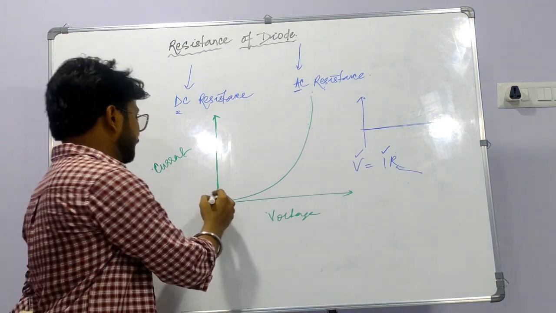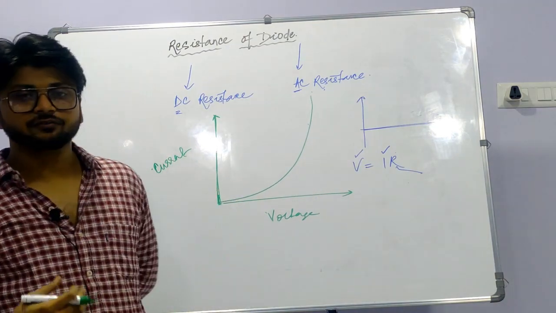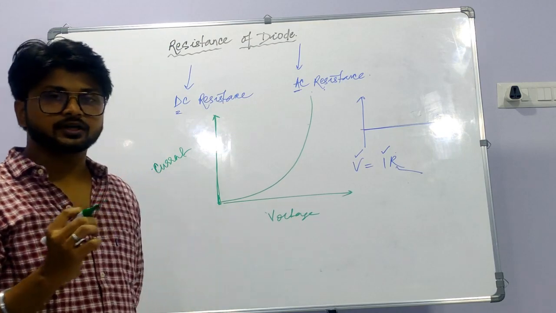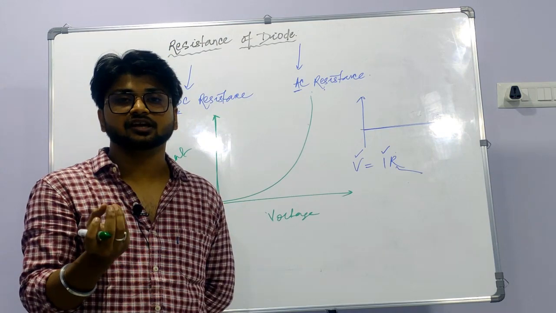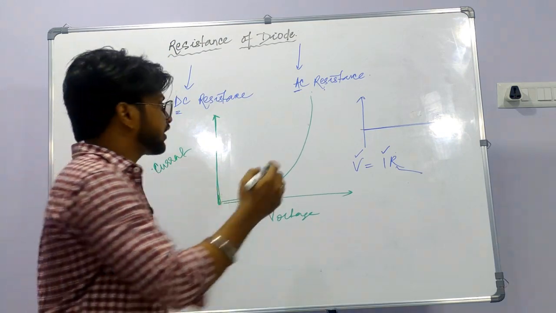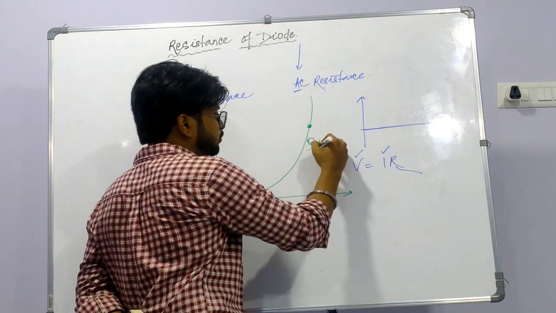In operation of a diode, at a point, the bias region is activated and the bias current starts. It's called the Q point.